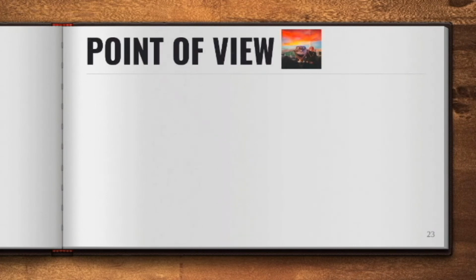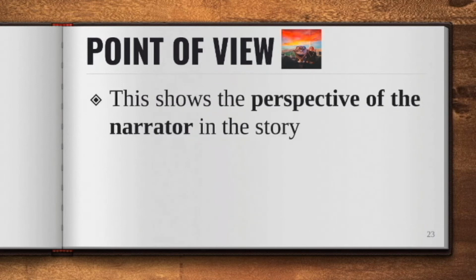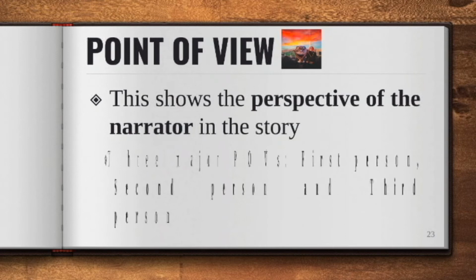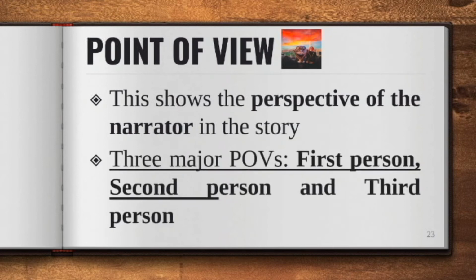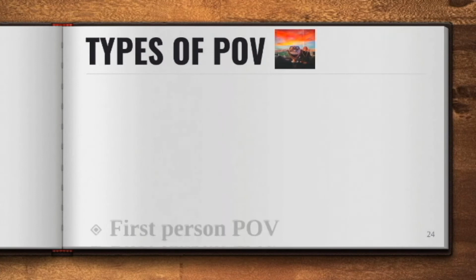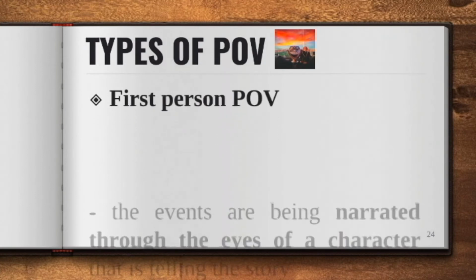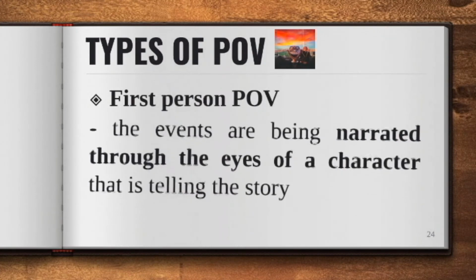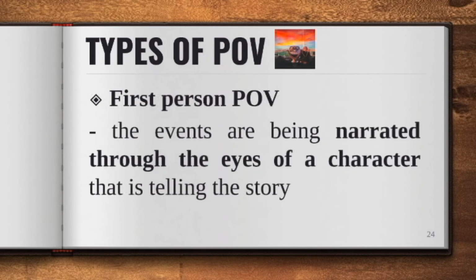The fifth element of the story is the point of view, or POV. This shows the perspective of the narrator in the story. The three major POVs are first, second, and third person. First person point of view means that the events are being narrated through the eyes of a character that is telling the story.